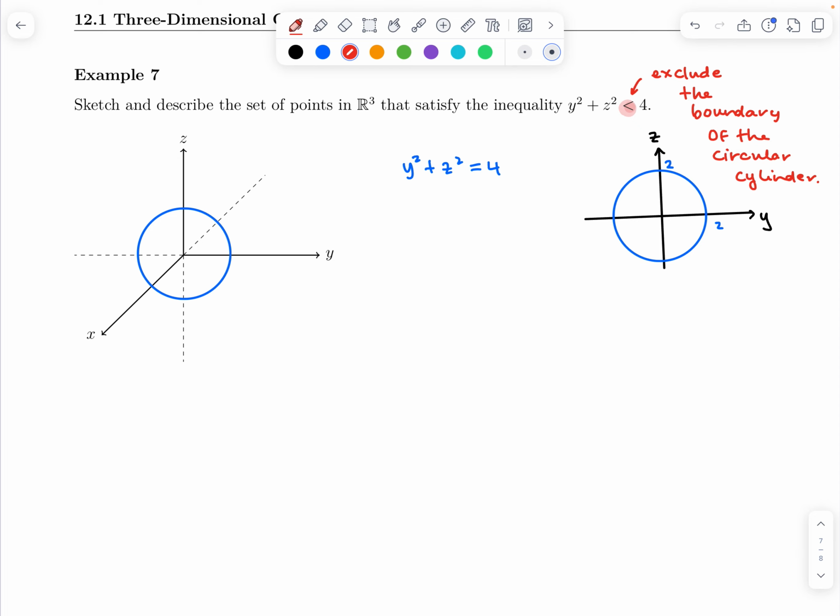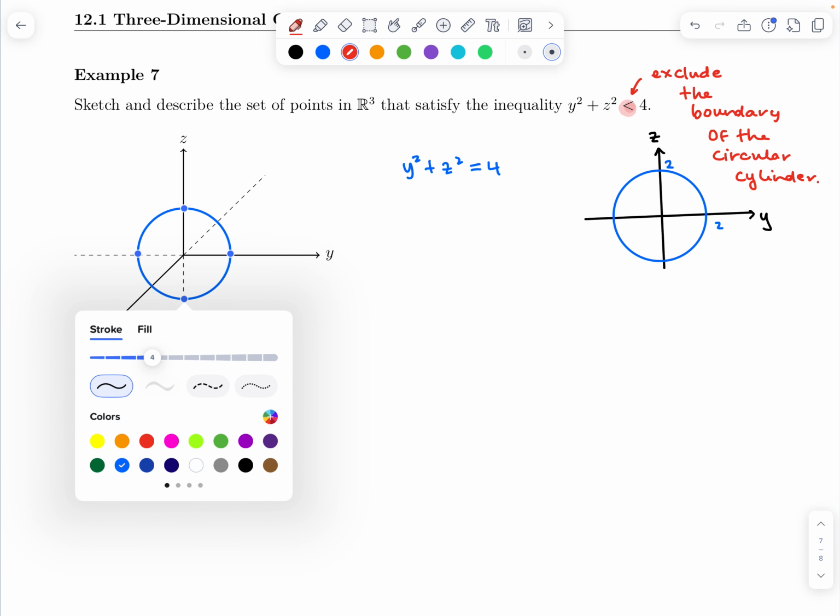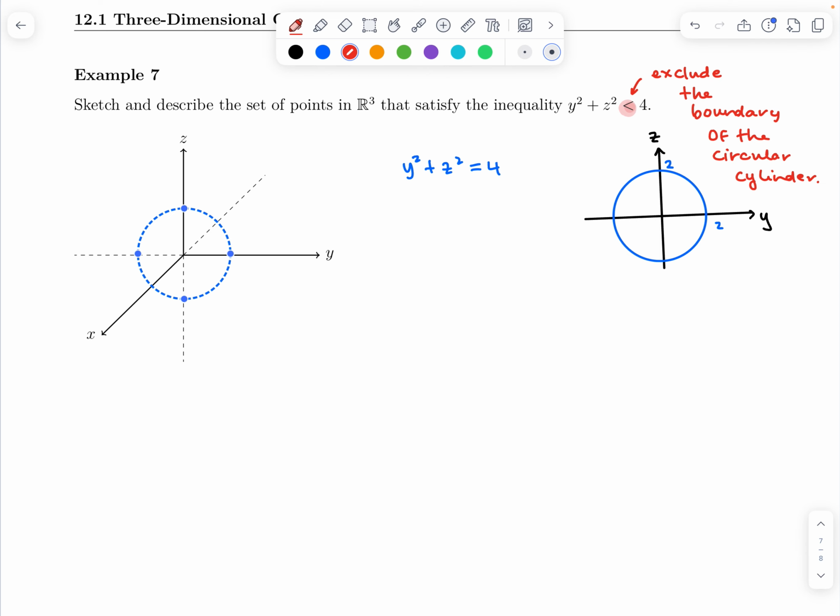The reason I'm thinking about that right now is that I want to change this to a dotted circle, so that when I am sliding my cylinder, I'm always using dashed features to identify my surface, because it's not actually included in my inequality.